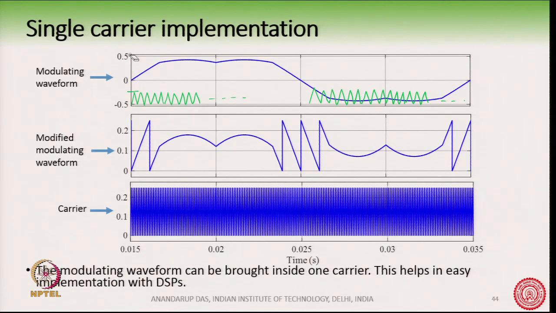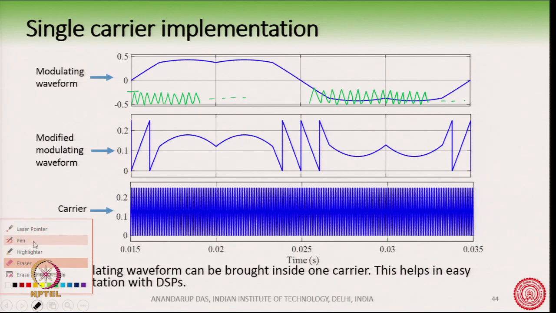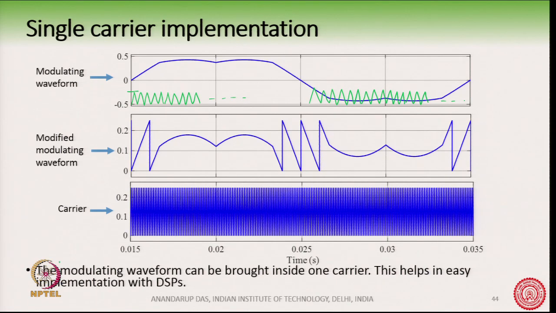Okay. So, if I have to do it, what I have to do? I have to bring the modulating waveform inside the carrier. So, how do I bring that? Wherever the modulating waveform is crossing the carrier, we actually bring it inside the carrier by doing a shift. Okay. So, for example, see this is the modulating waveform and we will bring it inside one carrier.